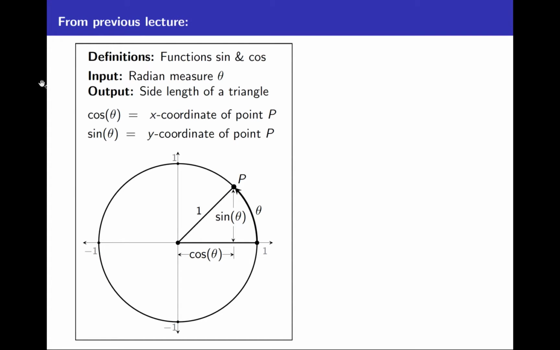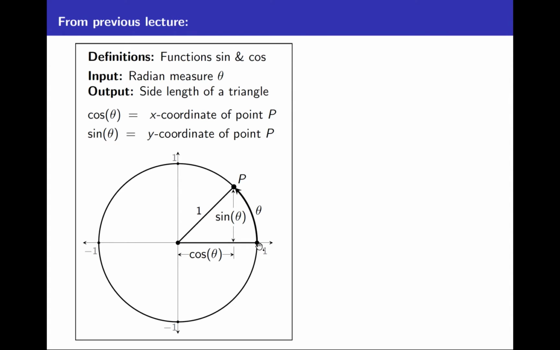From our previous lecture, we defined functions sine and cosine. These are functions of radian measure theta. For each of them, the input is a radian measure, theta, and the output can be interpreted as the side length of a certain triangle. The picture works this way.